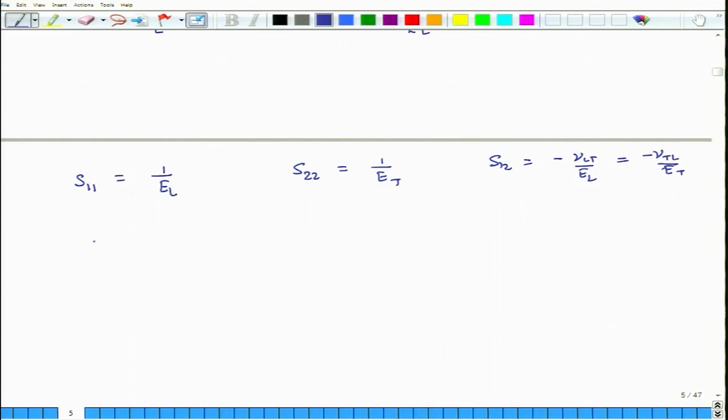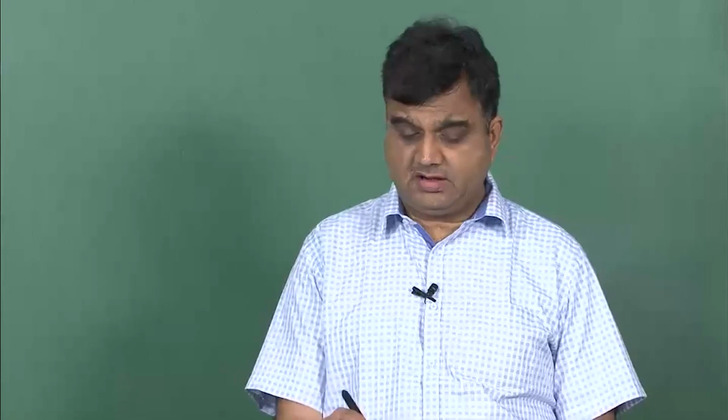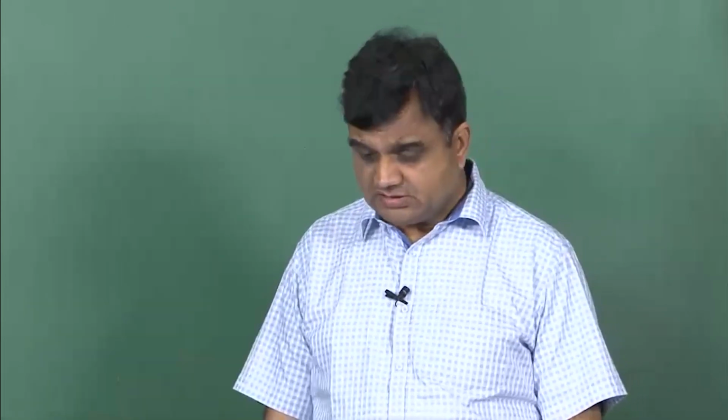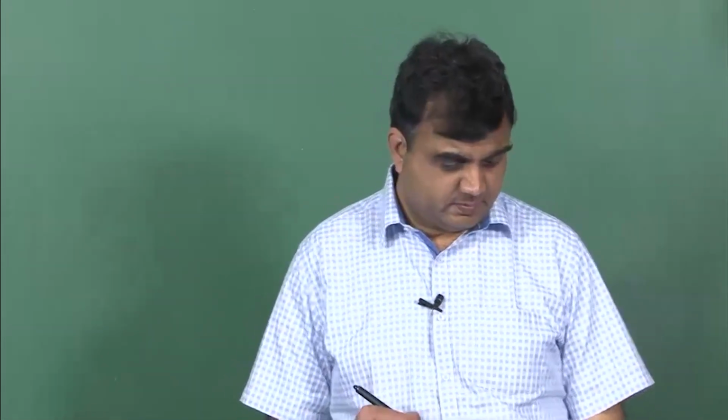And finally, S66 is equal to 1 over GLT. So this is how, if you know the engineering constants, we can very quickly find out the elements of the compliance matrix, which is the S matrix, using these relations.